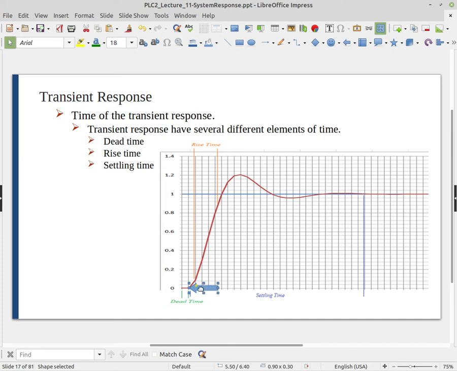So part of that dead time is simply the scan time of the PLC, or the control loop of your controller. But there are other aspects of the dead time.